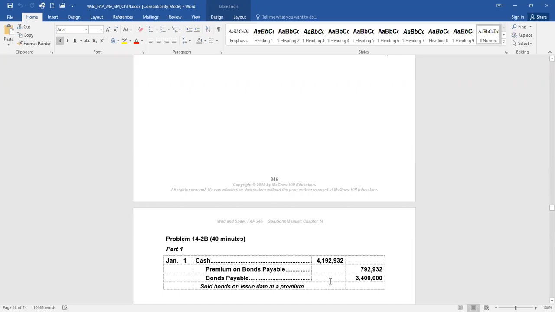We sold it for more than its face value. Why did that happen? Because our interest rate on our bond, 10%, is more than what similar bonds are offering as interest rates. So because of that, two things. One, our bond is going to be in demand. It's going to drive the price up because we have a higher interest rate than everybody else.